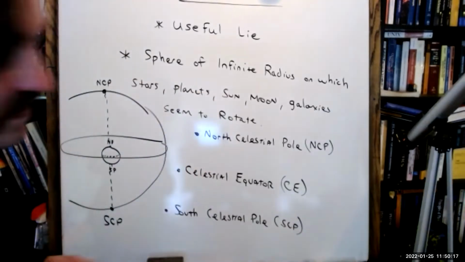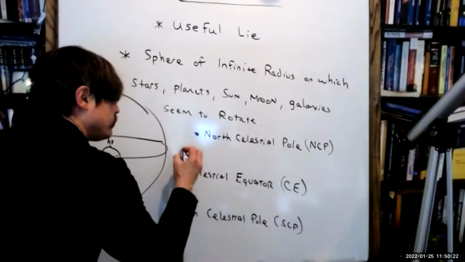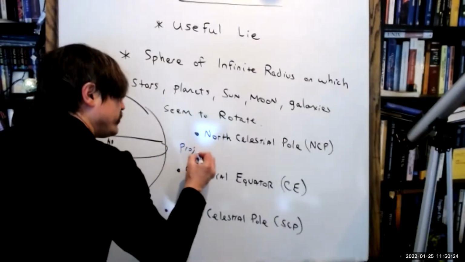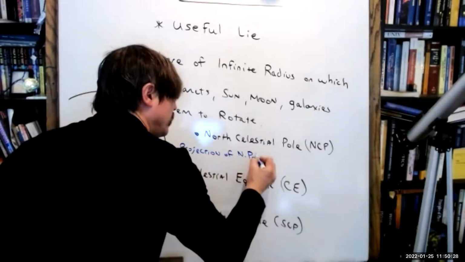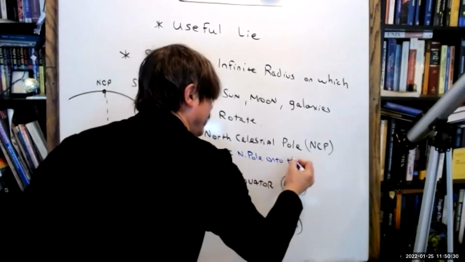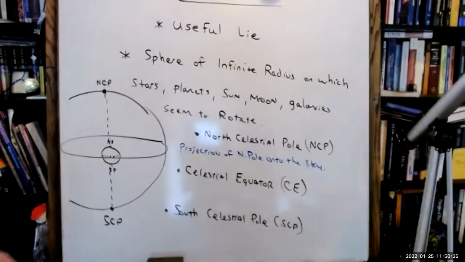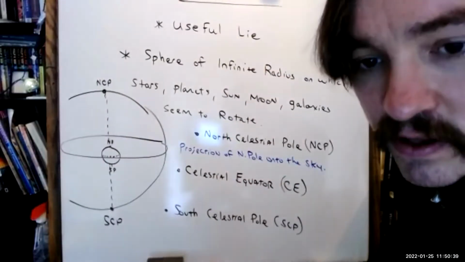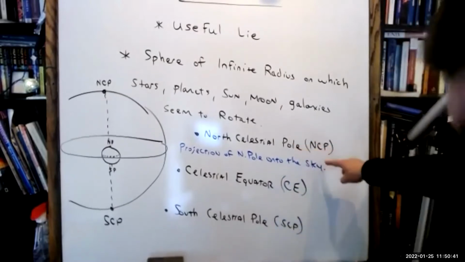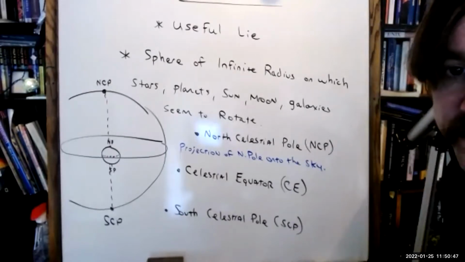As for definitions, if they are necessary, I like to put it as the North Celestial Pole is the projection of the North Pole onto the sky. And I think it's helpful to think about that these are points not only on some imaginary spherical globe, these are points on your nighttime sky that you can identify if you're an observer standing in a field.